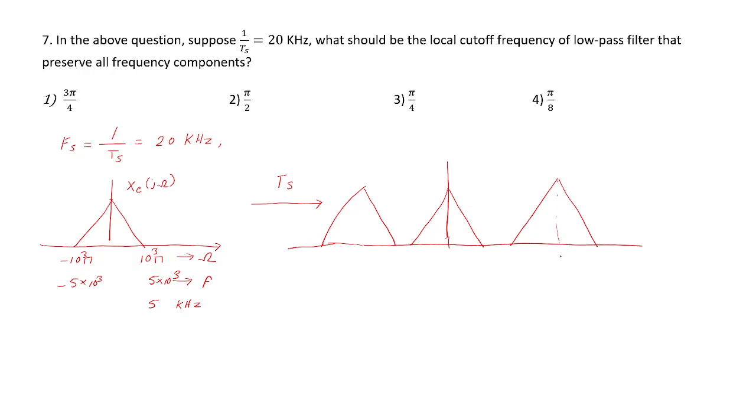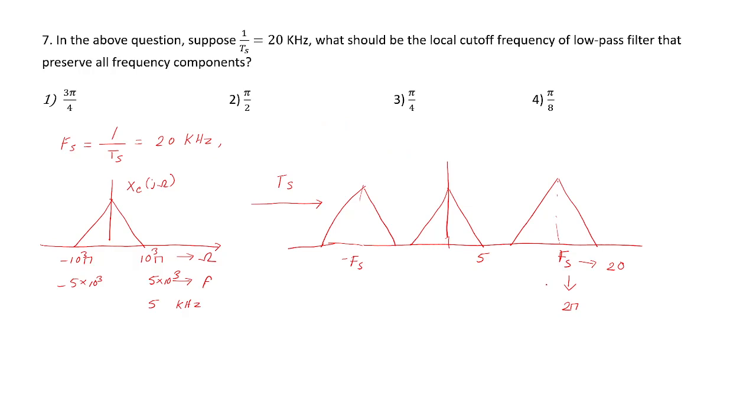Whatever your sampling frequency is, given as Fs, the spectrum is periodic with Fs. When we translate the axis to digital or discrete frequency, this corresponds to 2 pi. The question already gives that Fs is 20.